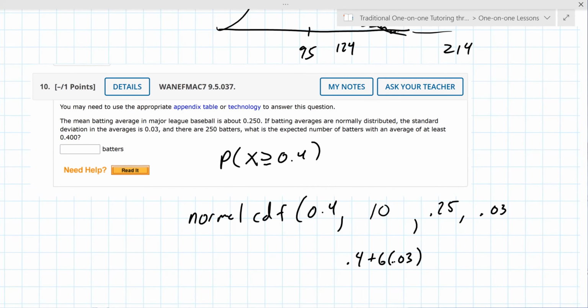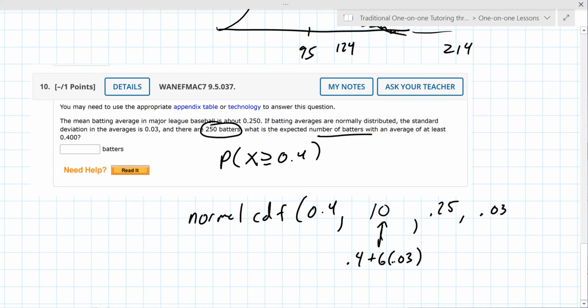Yeah, because when I do that on this one, it gives me like e to the -7th. Yes, and that could be a problem. Whenever you get this number, because they want the number of batters, you have to multiply it by 250. Gotcha. Okay, so the 0.4 plus 6 times 0.03 gives you this upper bound here, but you could just use 10.